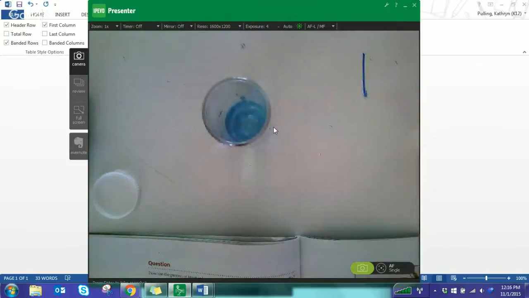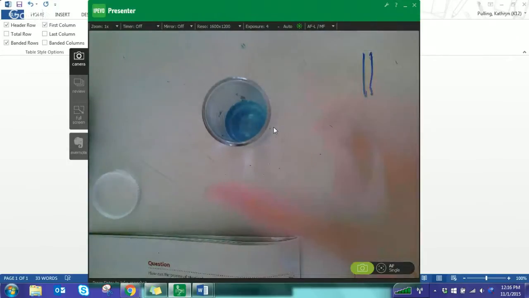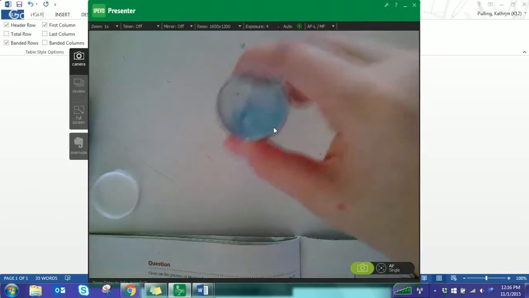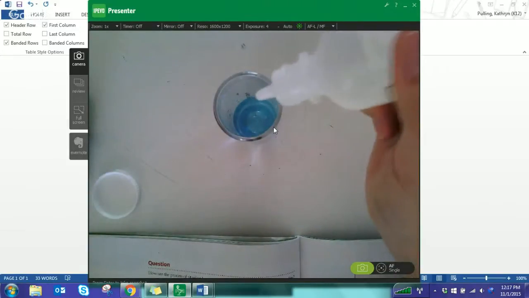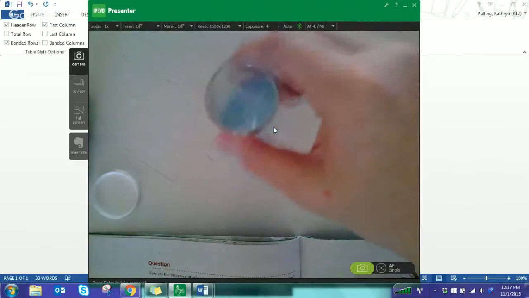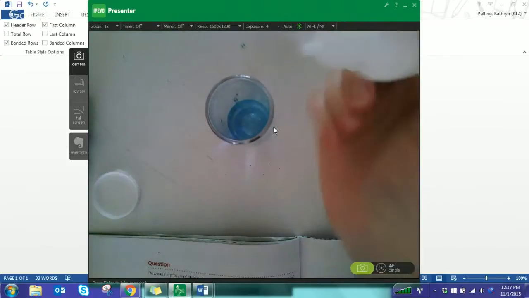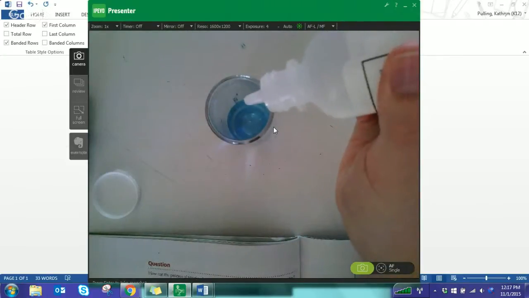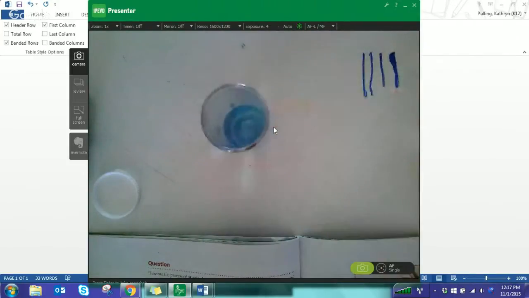Two drops, still blue. 3 drops, still blue. A little bit more exciting than the phenolphthalein. 4 drops. 5 drops.